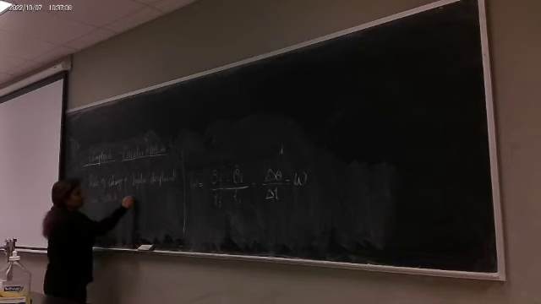It is represented as omega. Omega is delta theta over delta t.